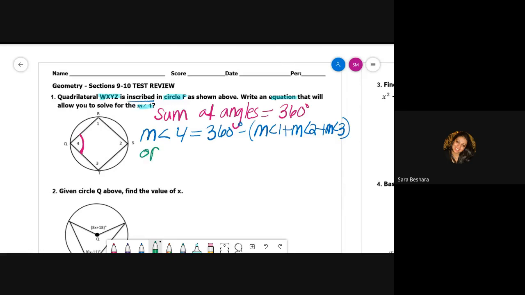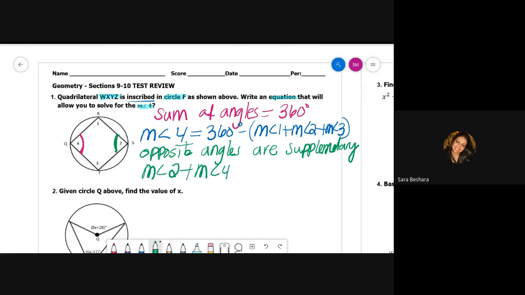So opposite angles here are supplementary. This means angle 2 and angle 4 are equal to 180. Angle 1 and angle 3 are equal to 180. So I can say that the measure of angle 2 plus the measure of angle 4 equals 180.